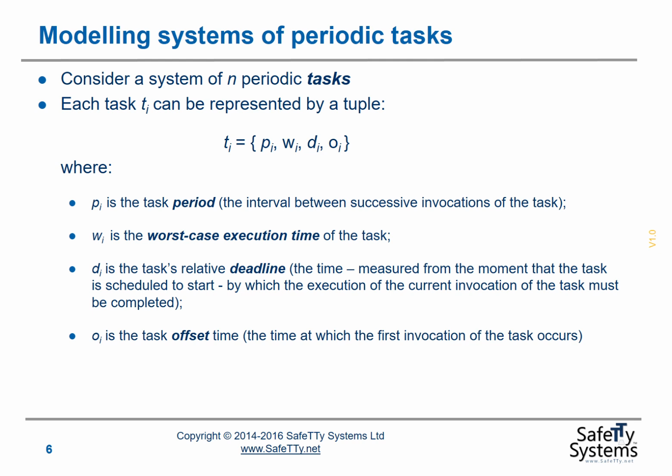D is the task's relative deadline, by which we mean the time, measured from the moment that the task is scheduled to be released, by which the execution of the current invocation of the task must be completed. And O is the task offset time, which is the time at which the first invocation of the task occurs. So we're representing our tasks in this way with these 4 parameters: period, worst case execution time, deadline, and offset.